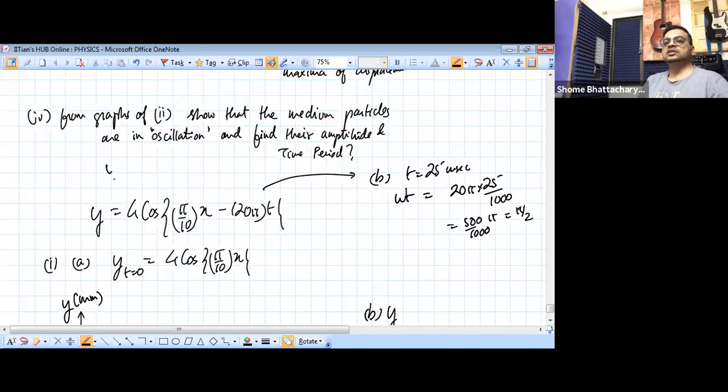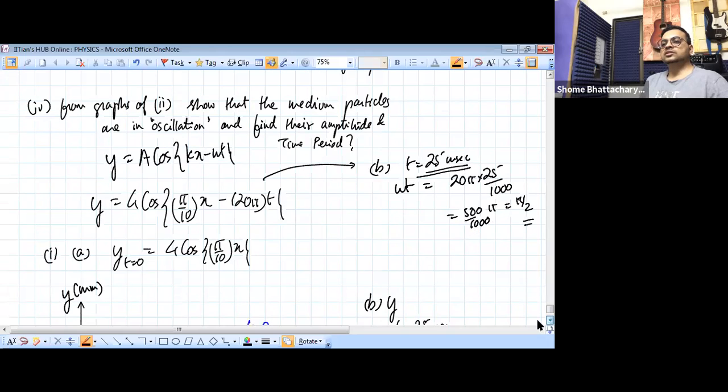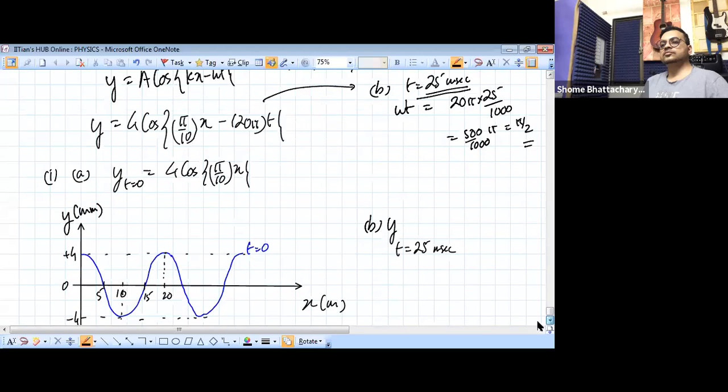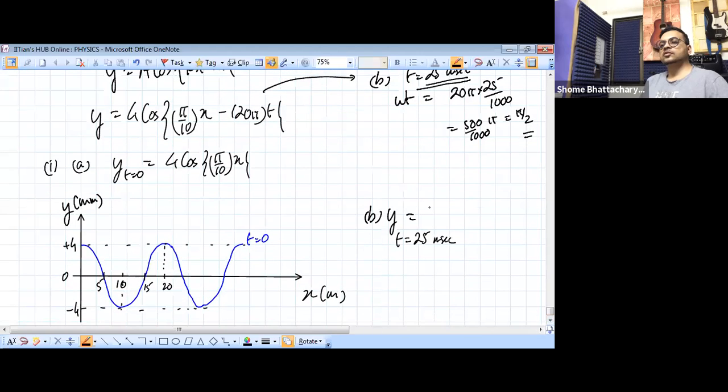Okay, so this graph is of the type A cos(kx minus omega t). At the instant t equal to 25 milliseconds, the omega t term will become pi by 2. So this graph will actually become 4 cos(pi by 10 x minus pi by 2).